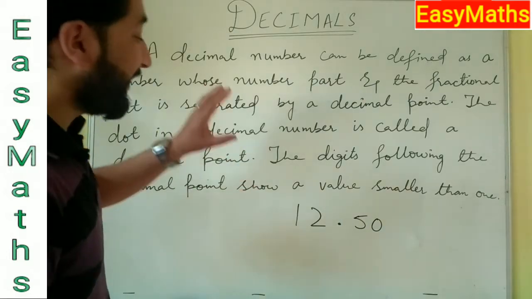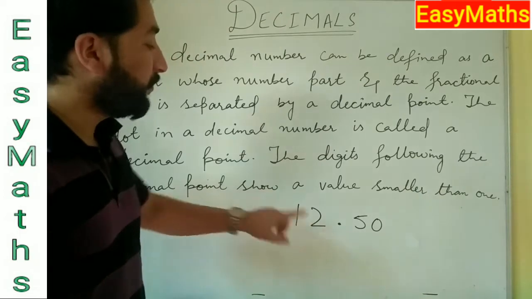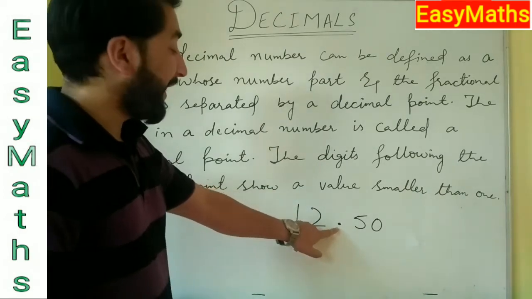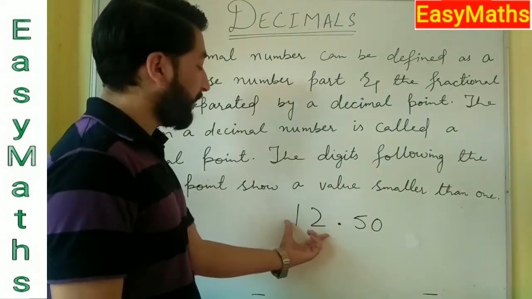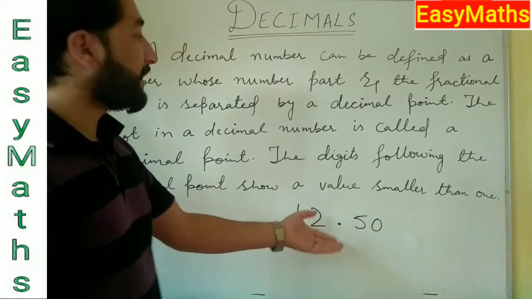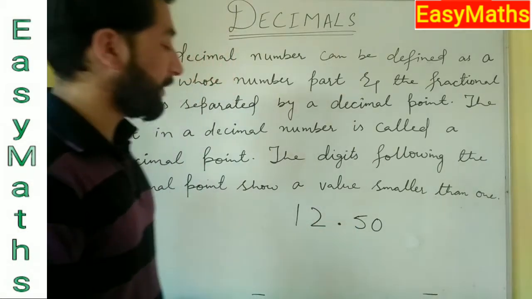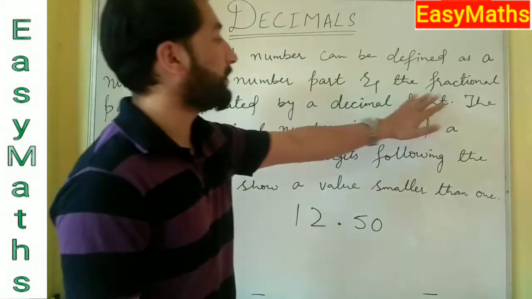So here the decimal number is a number in which there is a decimal point, and before the decimal point there is a whole number, and after the decimal point there is a fractional part. These two are separated by a single dot, which is called the decimal point.